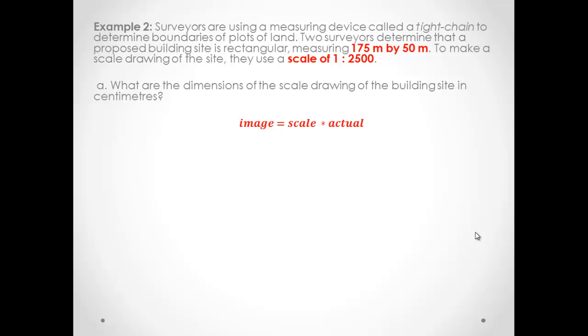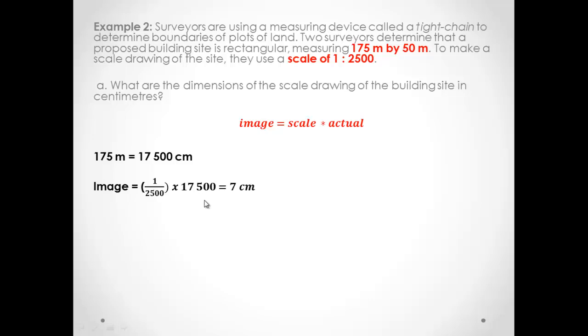So here's the formula we'll be using: image equals scale multiplied by actual. First of all, what we should consider is what these numbers mean in centimeters. 175 meters is equal to 17,500 centimeters. If we are going to get the image size, we multiply the actual, which is 17,500 centimeters.